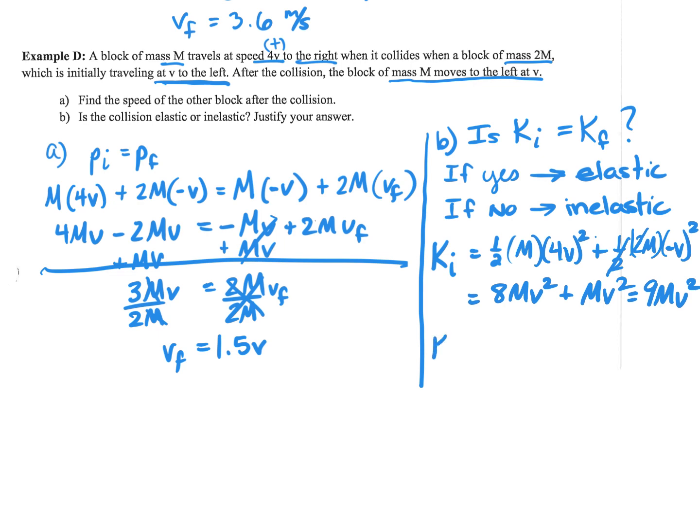So now, K final. We're going to do the same thing with the final velocity. M was moving at negative v, so 1/2 m negative v squared, and then the 2m was moving at what? 1.5v squared. So this is 1/2 mv squared plus, what's 1.5 squared? 2.25?